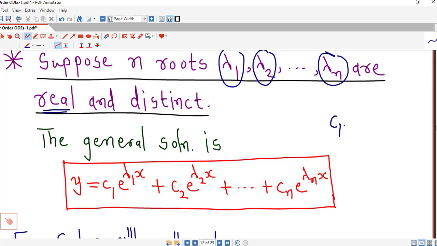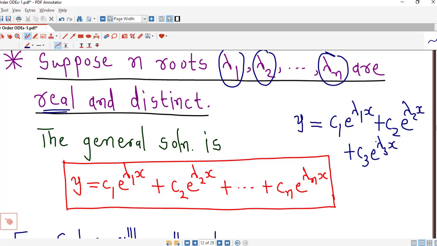Suppose we have a third order differential equation, and all the roots are different, then we will have c1 times e raised to lambda 1x plus c2 times e raised to lambda 2x plus c3 times e raised to lambda 3x. This will be the general solution if the order of the equation is 3 and all the roots are different.